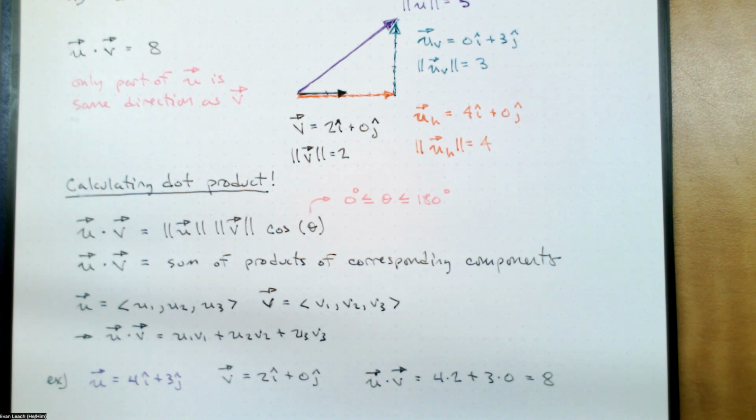There we see that 2i plus 0j, no vertical stuff in the vector V, taking away all the vertical stuff in the vector U in the product.